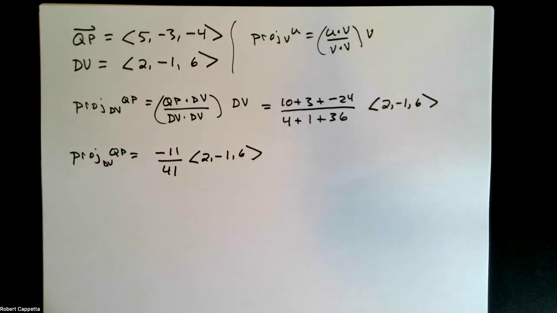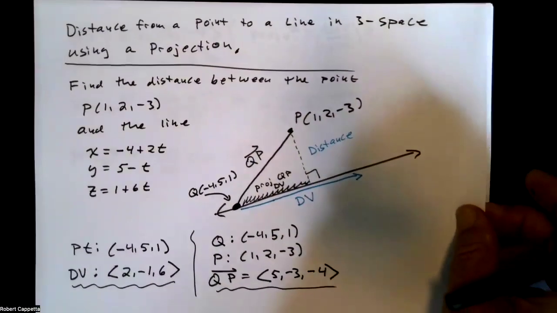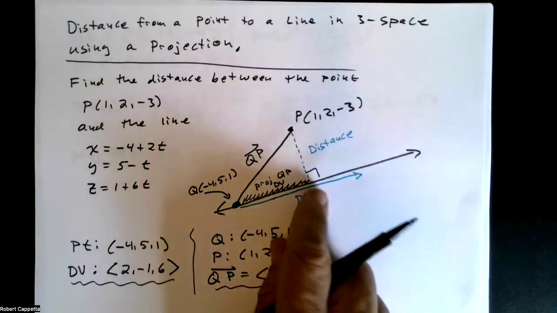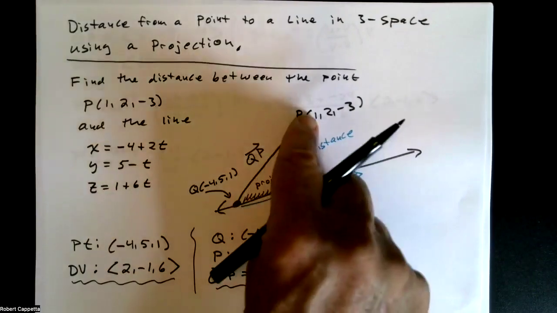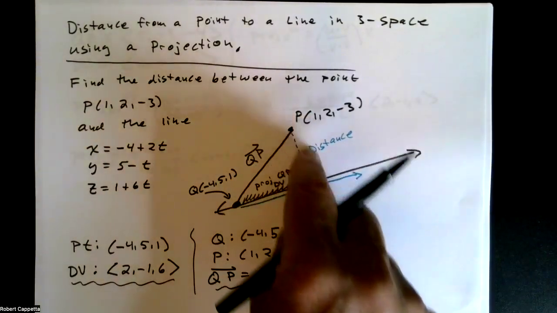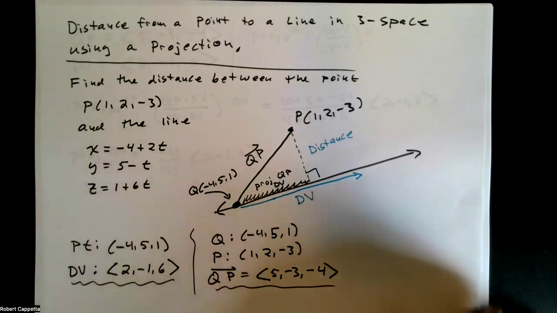So I want the magnitude of the projection of QP onto dV. Let's take a look at our picture again. This is what we're working with. Can I get the length of that vector? Together with the length of that vector, it will enable me to get the distance. Do you see how that's going to work?